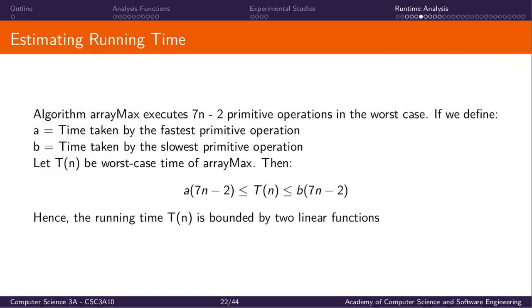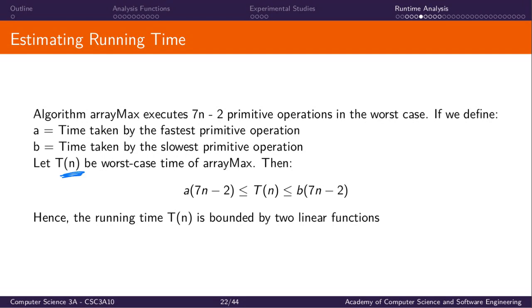So we said that it executes 7n minus 2 primitive operations in the worst case. Then we realize, depending on how long each primitive operation takes, that will tell us how long it'll take for this algorithm to be executed. So T(n) is the time that will be taken by this method in the worst case.